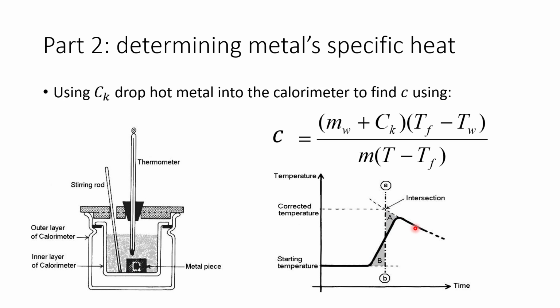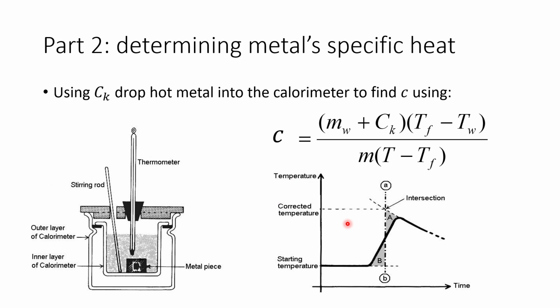You must correct the final mixing temperature by creating a vertical line along the y-axis, so that you cut this graph in such a way that you form triangles A and B that have equal area. Once triangles A and B cover a similar area, wherever this slope and this flat line intersect, you have the corrected temperature.